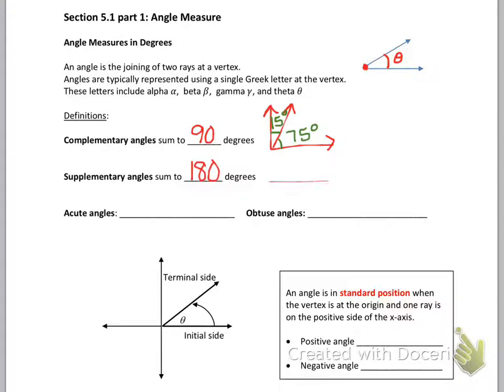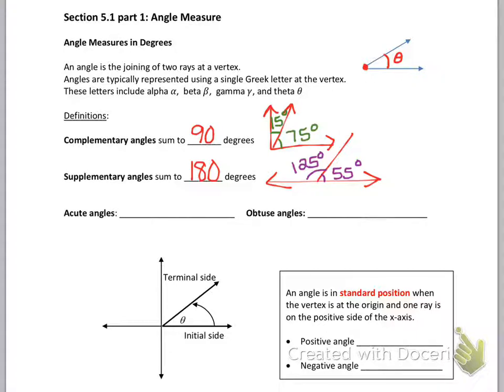So that would look like this, where I could say my larger angle is 125 degrees and my smaller angle is 55, because together they add to give you 180.